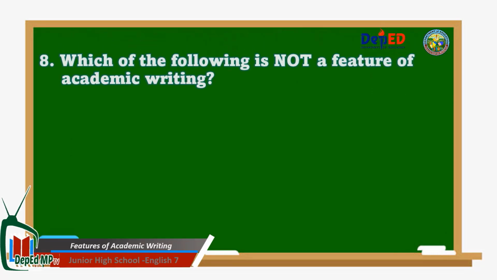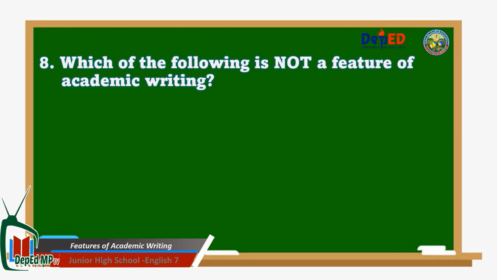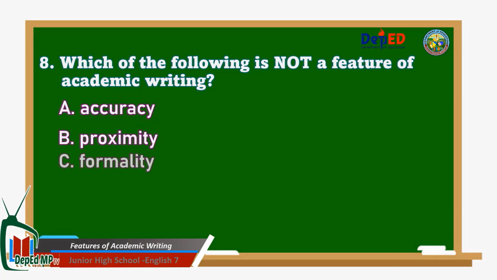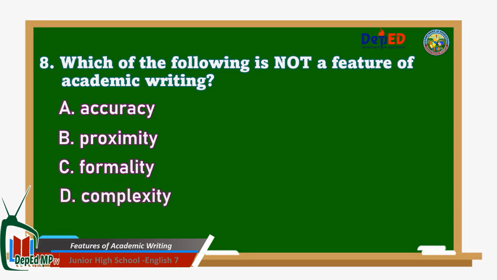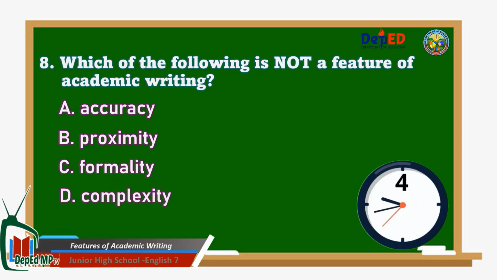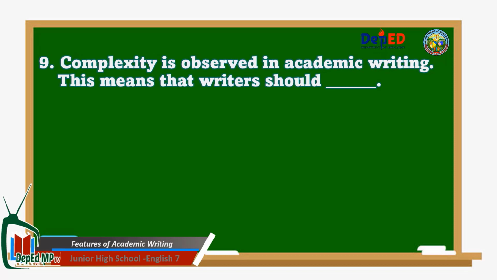8. Which of the following is not a feature of academic writing? A. Accuracy. B. Proximity. C. Formality. D. Complexity. 9.